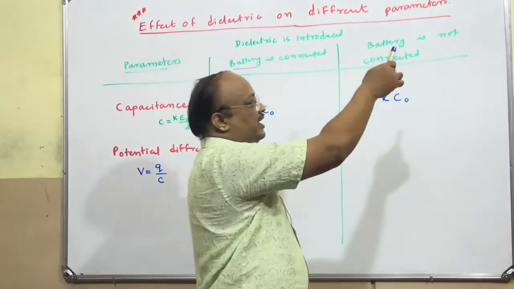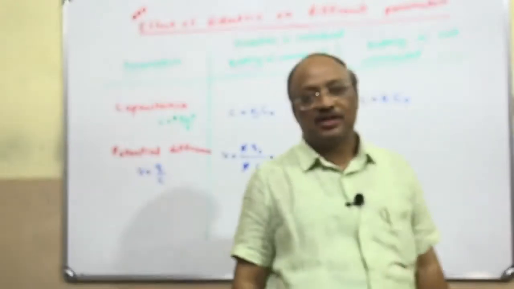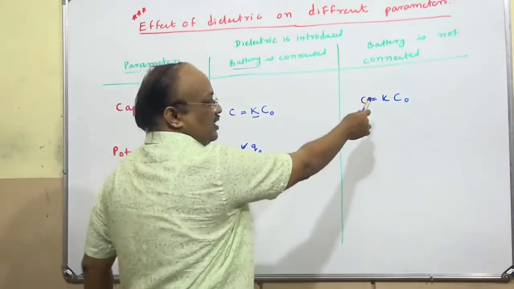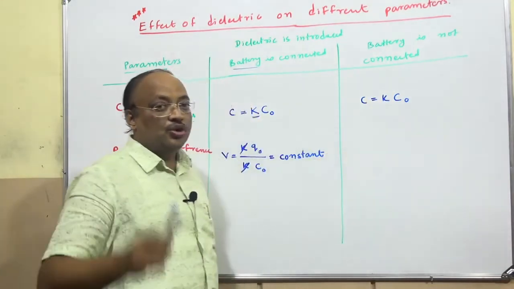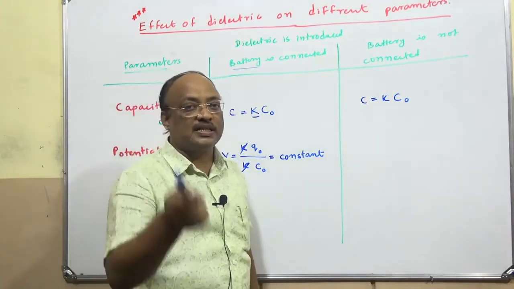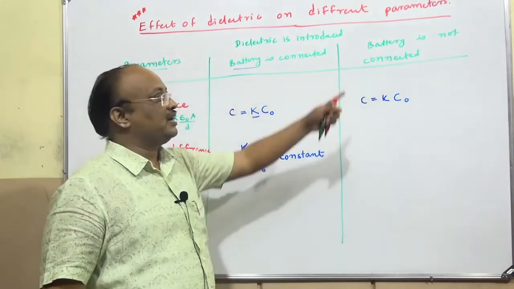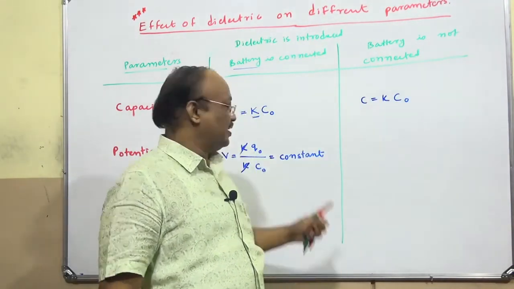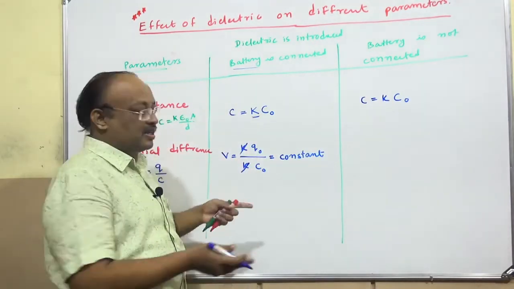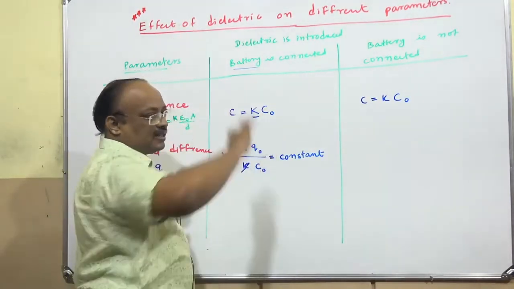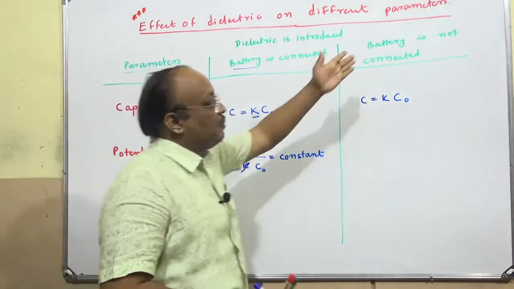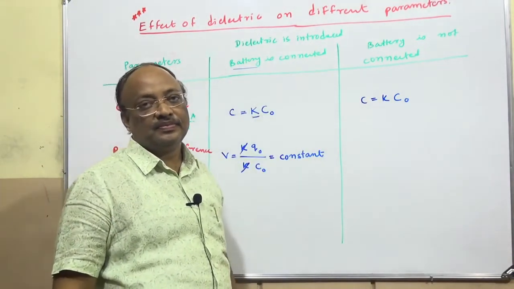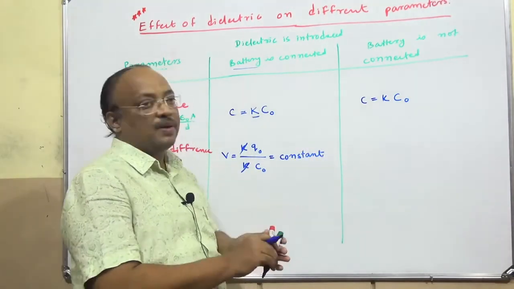When a battery is not connected, see what happens here. Capacitance is increasing K times. You have a chance to increase the charge, but the battery is not connected there. Here, since the battery is connected, you have increased the charge. Here, the battery is not connected. Because of that, what happens?